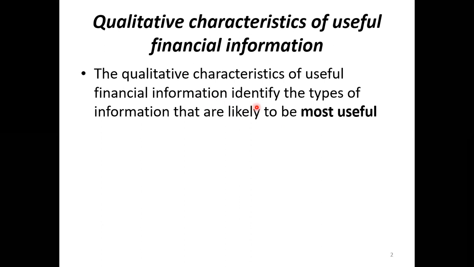identify the type of information that is likely to be most useful. So not all the information available around us is useful information. All of it does not equally give us useful information. To consider information as useful, it should satisfy some quality criteria.